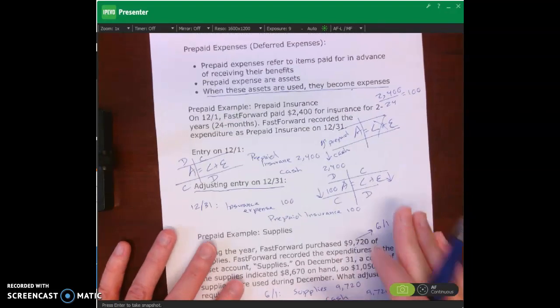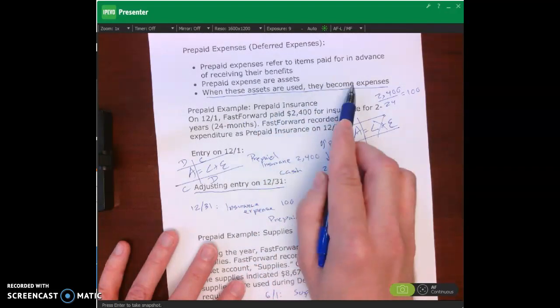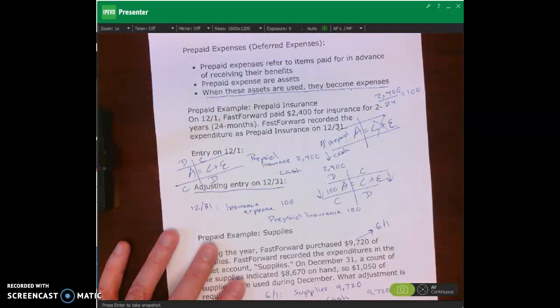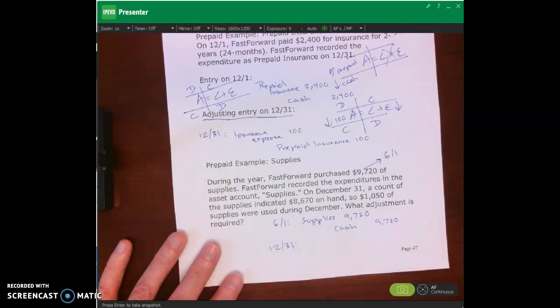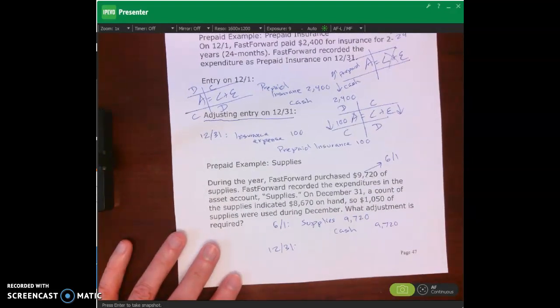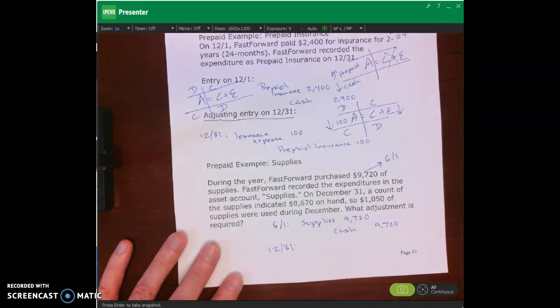If we look back up here at this bullet, when those assets, those supplies, are used, they become expenses. That is a cost of doing business. So on 12/31, we have to recognize that we used 1,050 worth of supplies. Well, how can we do this journal entry? We can look to see what we did up here. Very similar.